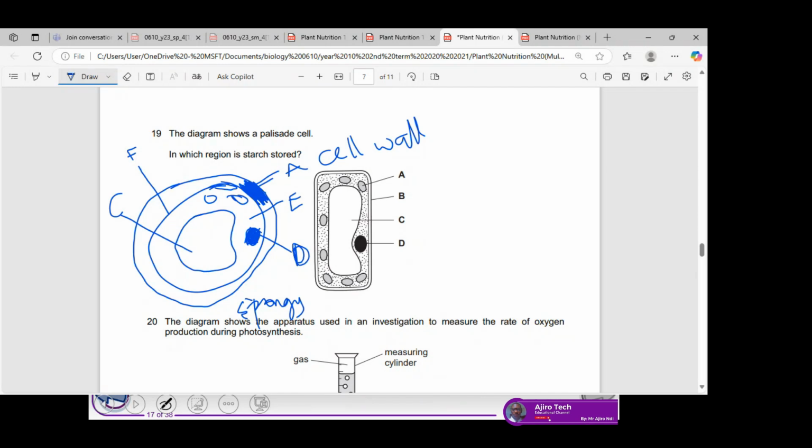Then that inner membrane becomes the cell membrane. Please take note. So everywhere from this first line labeled B to that inner line is the cell wall. The inner membrane now becomes the cell membrane.